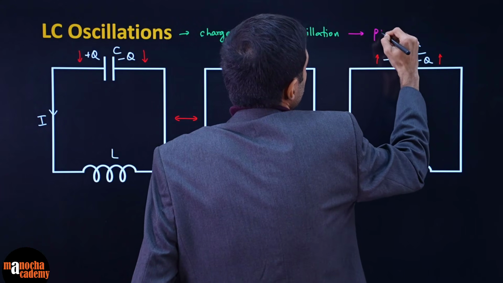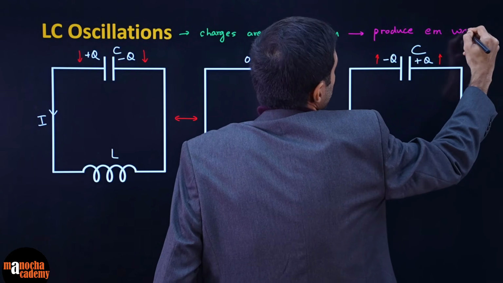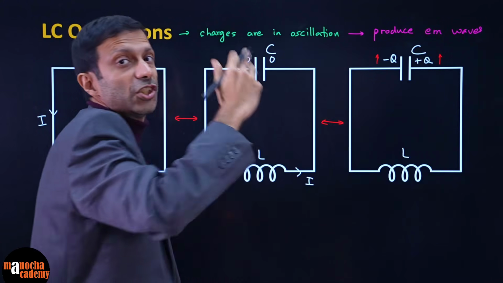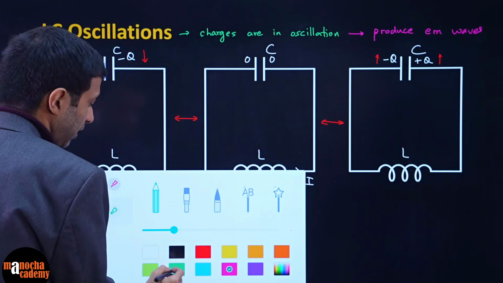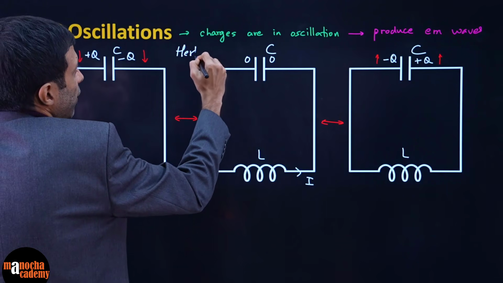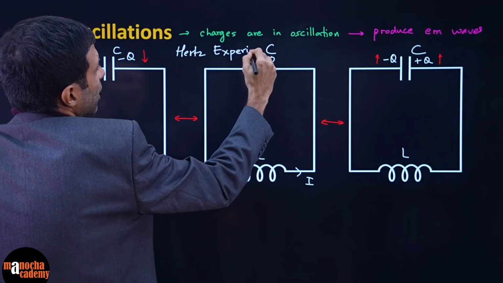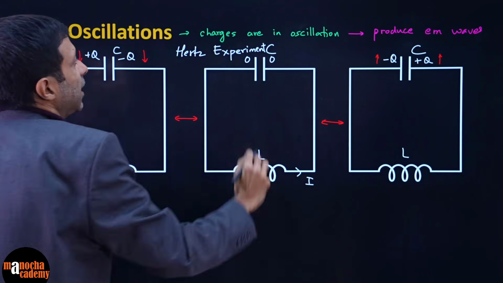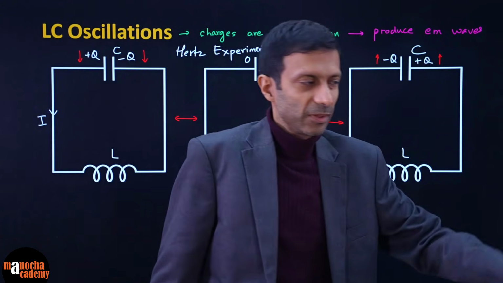So as a result, this will produce electromagnetic waves. And in fact, Hertz used this, right? The scientist Hertz used this to prove it, right? So Hertz, in fact, used Hertz's famous experiment. He used the LC oscillator circuit to show that this can produce electromagnetic waves.